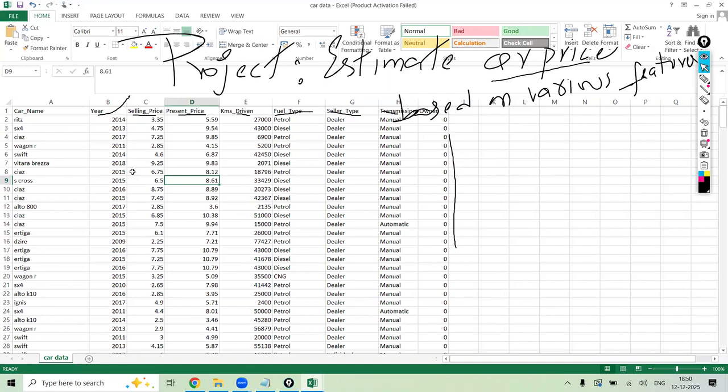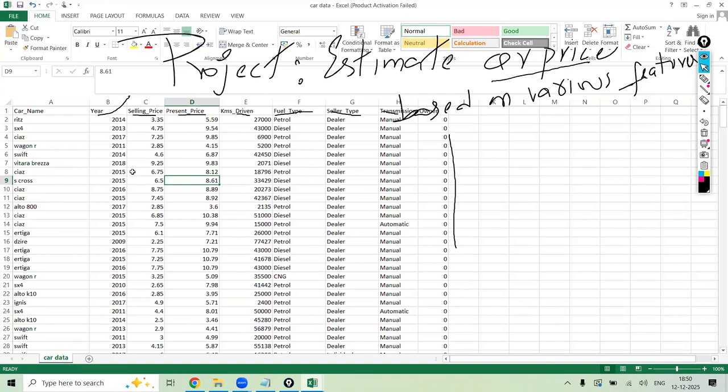Tomorrow is Saturday, day after tomorrow is Sunday; if you are free, give it a try and go outside. Assume you want to purchase a second-hand car. Don't say, sir, I will never purchase a second-hand car, I will purchase only first-hand. Don't tell like that. Assume you have to purchase and you have a budget of 5 lakhs or 10 lakhs, some number in your mind.